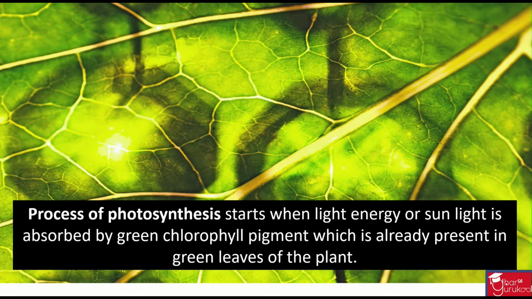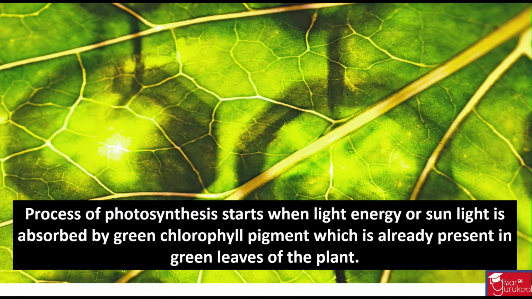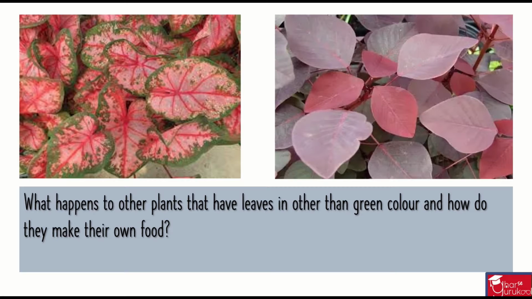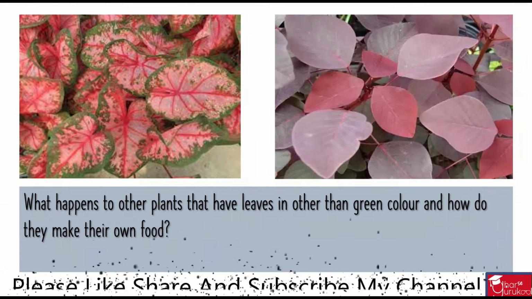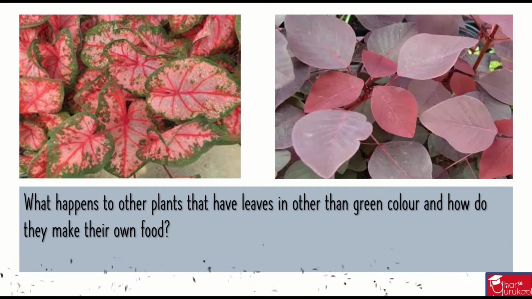The process of photosynthesis starts when light energy or sunlight is absorbed by the green chlorophyll pigment which is already present in green leaves. Now, you must be thinking, what happens to other plants that have leaves in colors other than green, and how do they make their own food?